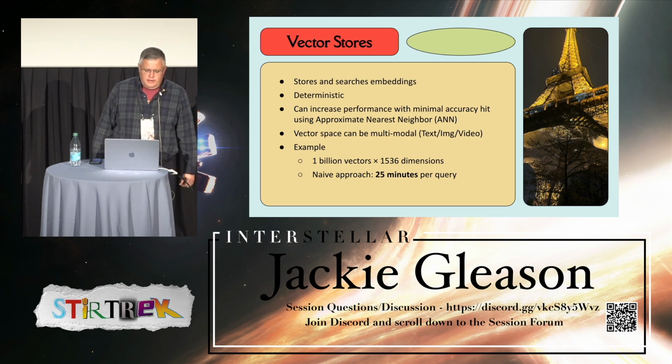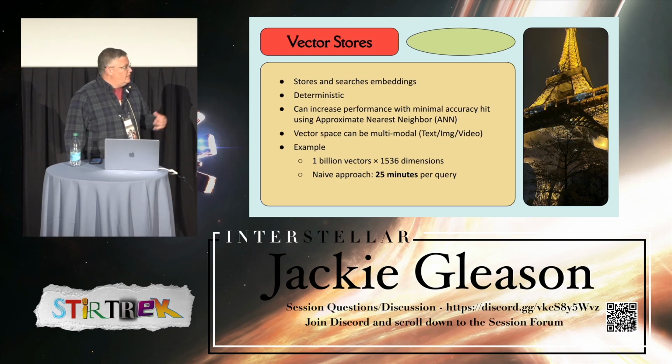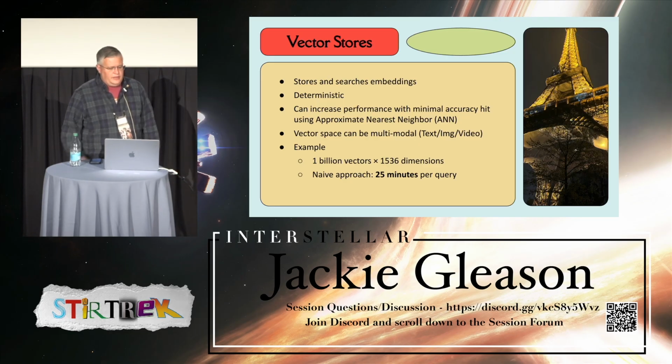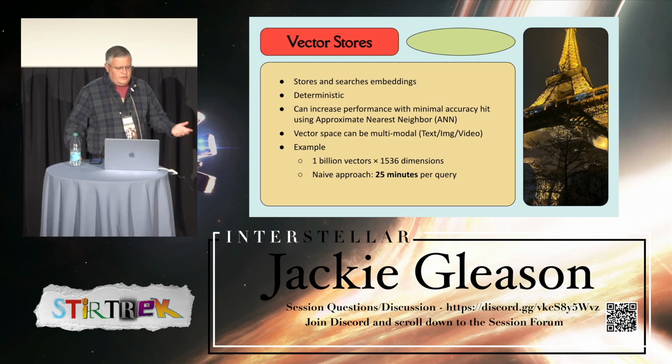So it makes it so that you can search based on the embedding, which is where you get the idea of similarity searches. Like I said, it stores the embedding as well as the document that was used to create it. It's deterministic, so it should be repeatable.